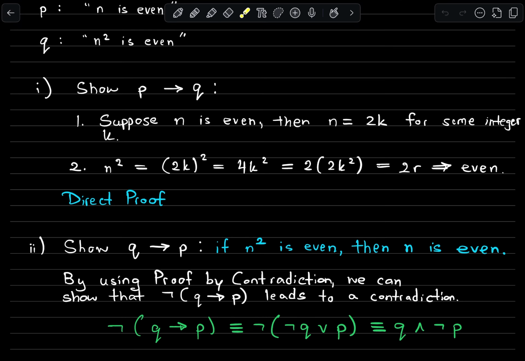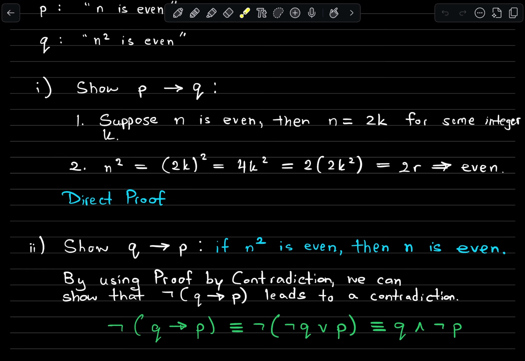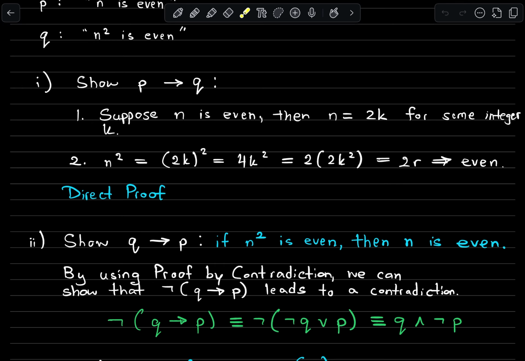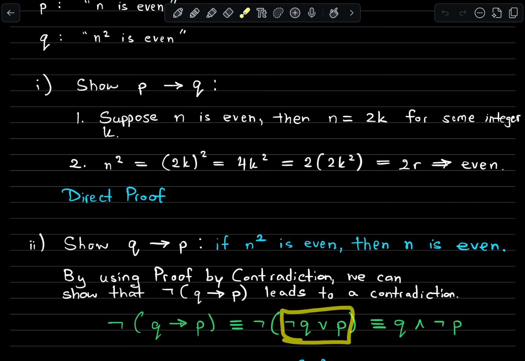Okay, so this is going to require, if we're going to do the negation of a conditional, we have this alternative definition of a conditional, right? This is that conditional disjunction equivalence. So you can represent that conditional if Q then P as the disjunction, negation Q or P. So if we substitute that in inside the parentheses, and then we use De Morgan's law, negation of a negation is that original statement.